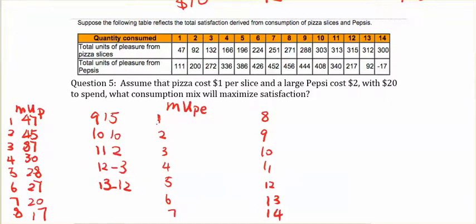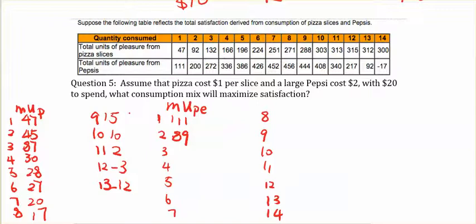We do the same thing as we did for the pizza. The first bottle of Pepsi is 111, and the second is 200 minus 111, and we get 89.